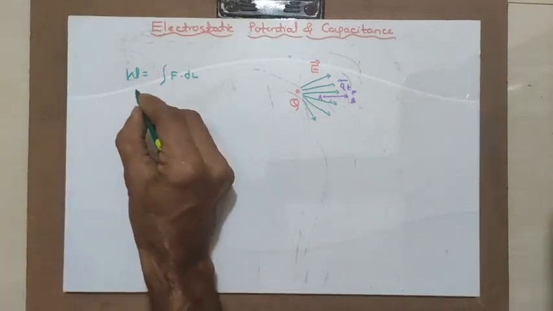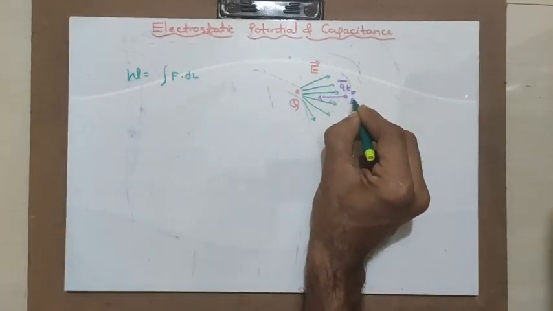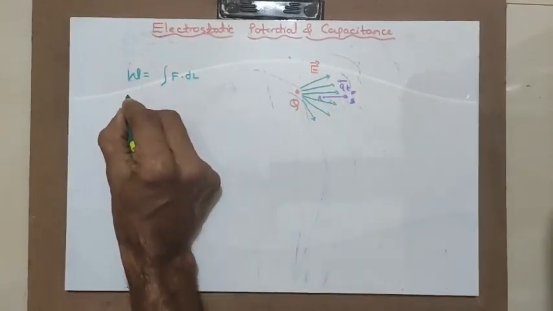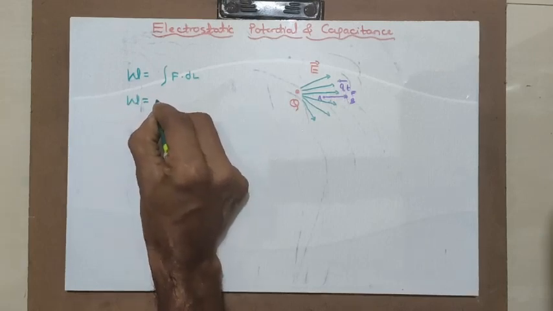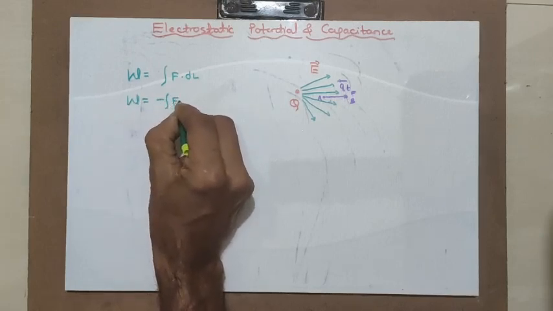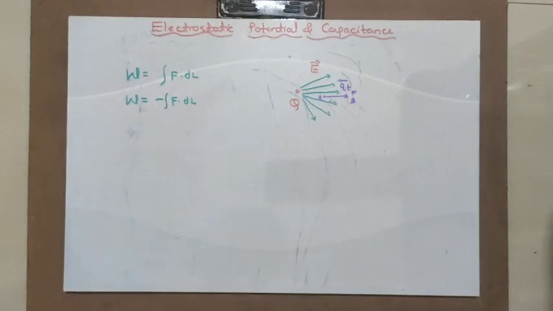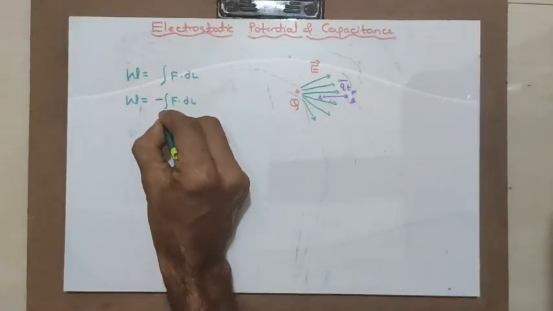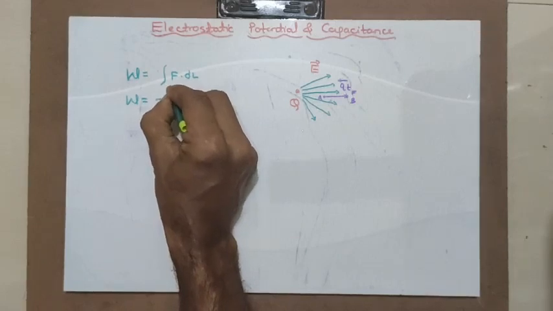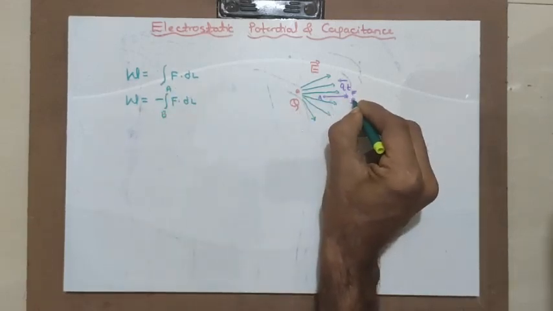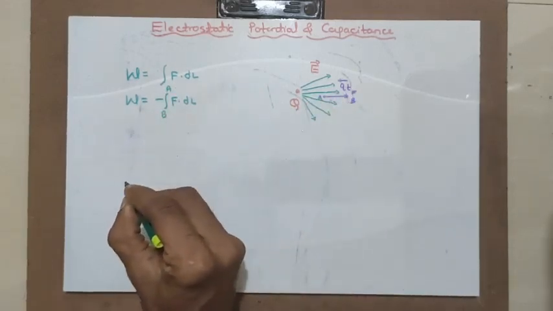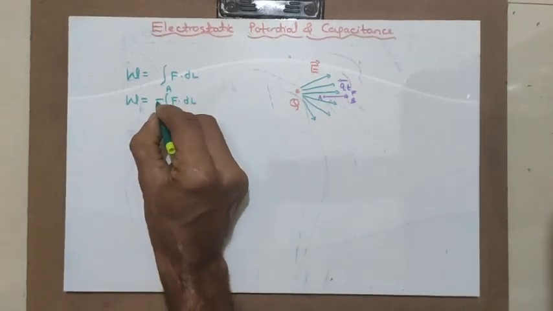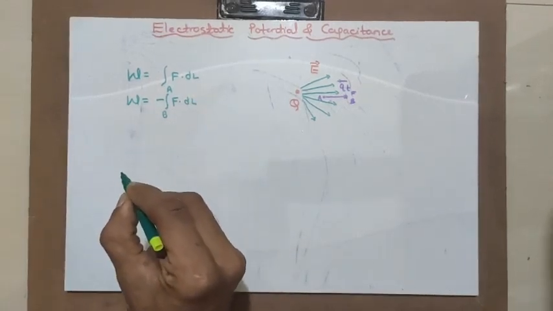Hence in the above formula, if you are moving from point B to A, then work done becomes minus F dot dl. Try to understand, you are moving from point B to point A, against the field, hence there is a negative sign here.